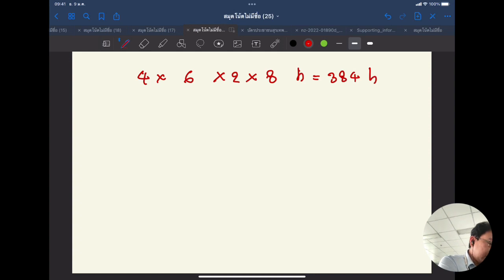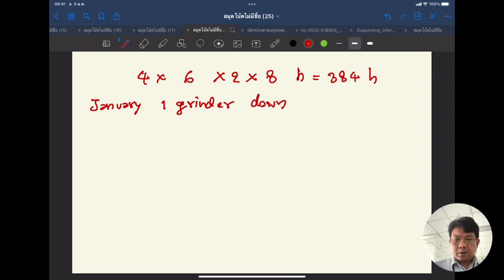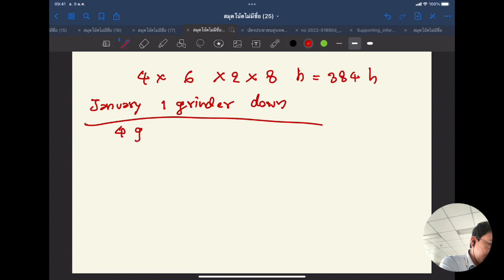Let me look closer at the availability of the machines. You know that for January, one grinder will be down. So we have 4 grinders in total, but this is just for January only.